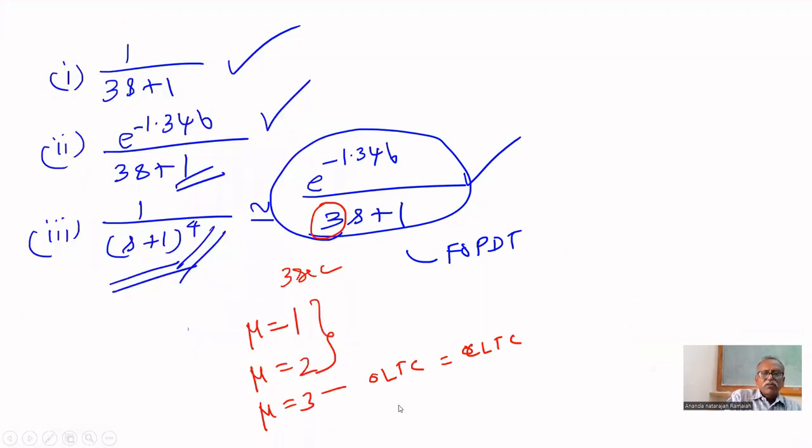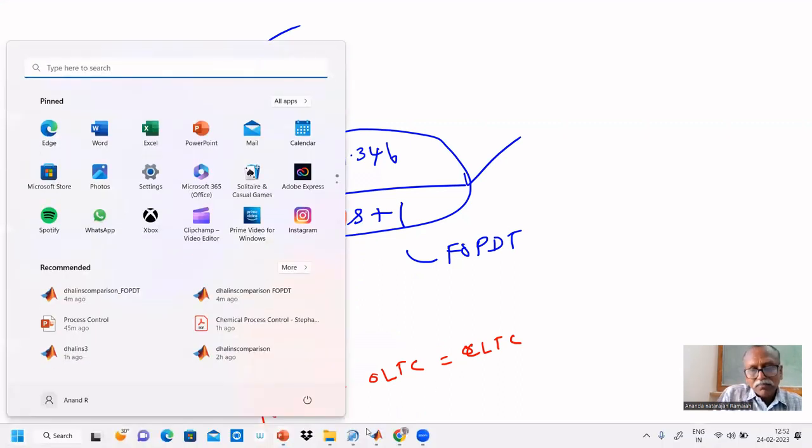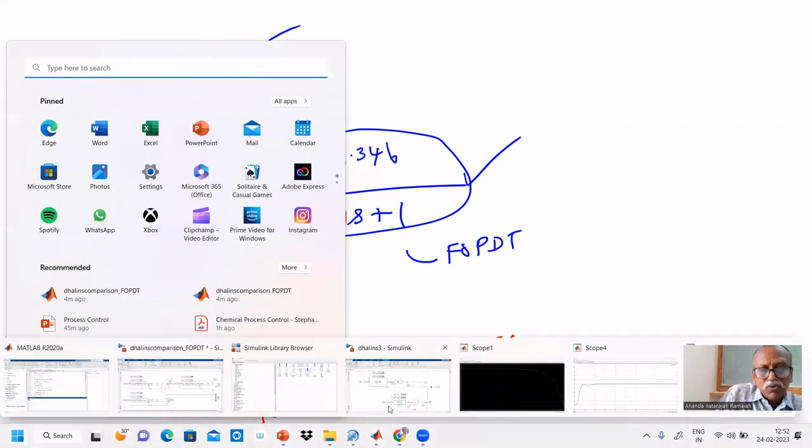But anyhow, if you compare, definitely for fourth order, you will get a higher ISE and IAE compared with first order plus dead time, because this is the controller designed for e power minus 1.346 upon 3s plus 1, not for 1 by s plus 1 to the power 4. That is an approximate model. Therefore, you can notice that ISE and IAE will be lesser for first order plus dead time model. Now let us do for servo response.